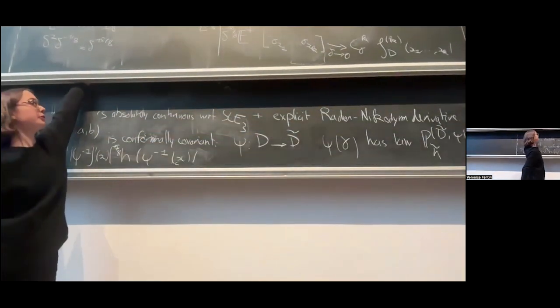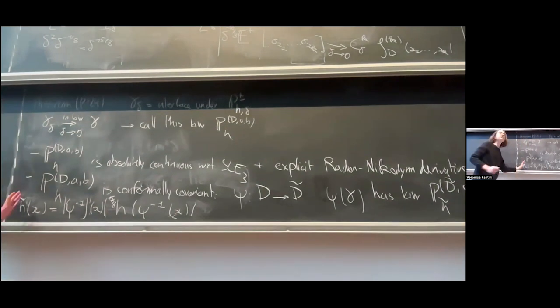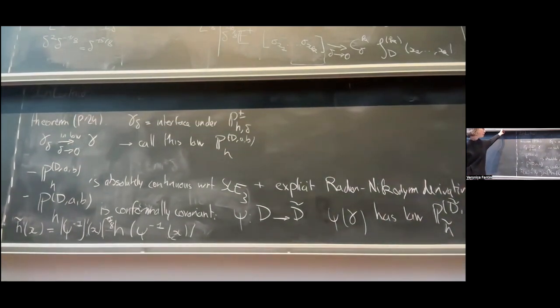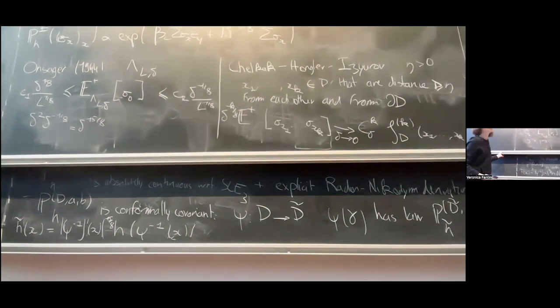I can explain this a bit, but this is to be expected. So this is somehow the result about this interface. Let me discuss a little bit of the proof.